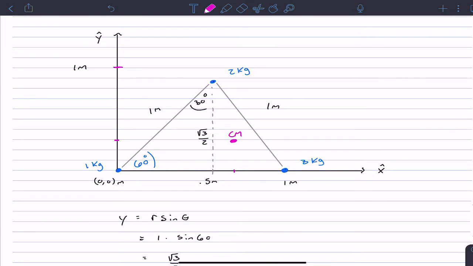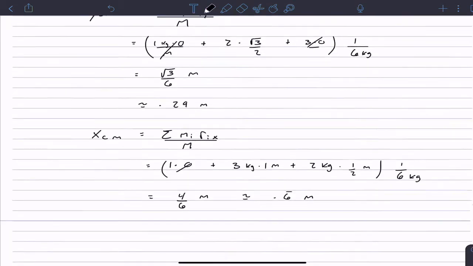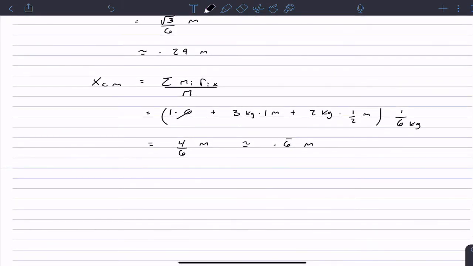I suppose we should write this in vector form, just to be safe, right? So we'll call this r center of mass vector is equal to 0.6 meters in the x hat direction plus 0.29 meters in the y hat direction.